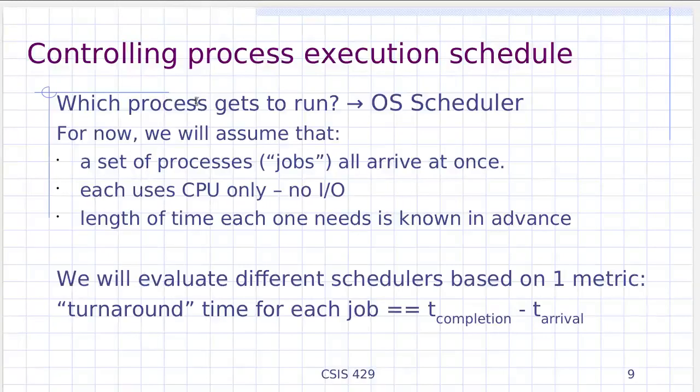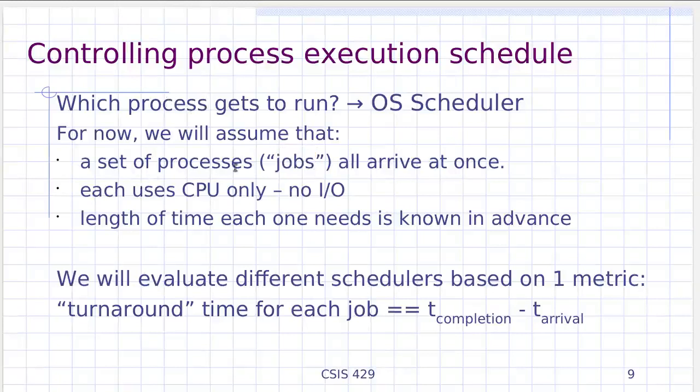So here's the part of the operating system, the kernel, that decides which process gets to run next. That is the job of the operating system scheduler. We'll just call it the scheduler. From now on we'll have very simple scenarios, with a set of processes, almost always called jobs. This is for historical reasons, because way back that's what they were called.